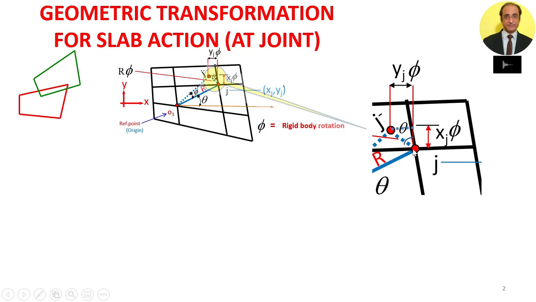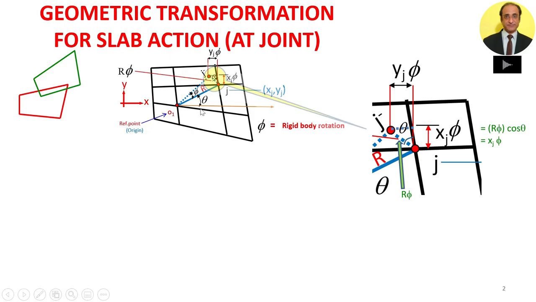So the translation undergone by point j, which has now moved to j dash, is basically r times the rigid body rotation, and this can be split into 2 components, one in the x direction and the other in the y direction. So the y component is basically the cos theta component.